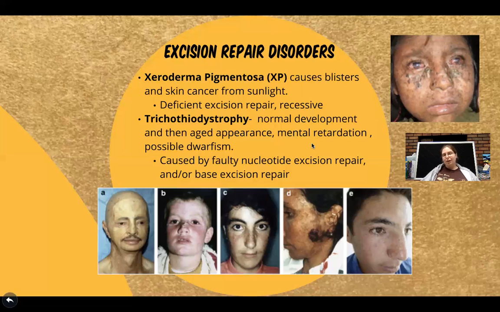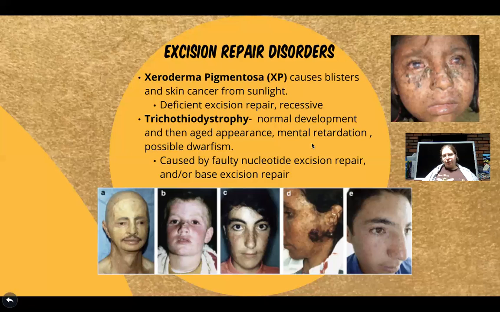They can also cause dwarfism in some individuals. Not every individual will have it, but there are cases where dwarfism does accompany some variations of trichothiodystrophy. Now, what causes this is a faulty nucleotide excision repair, sometimes in conjunction with a faulty base excision repair, sometimes not.